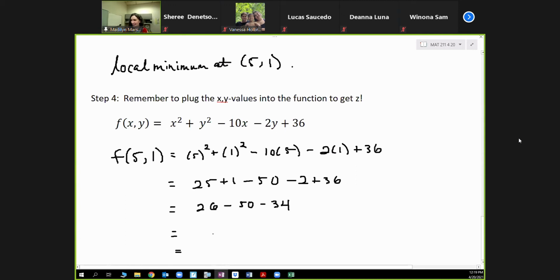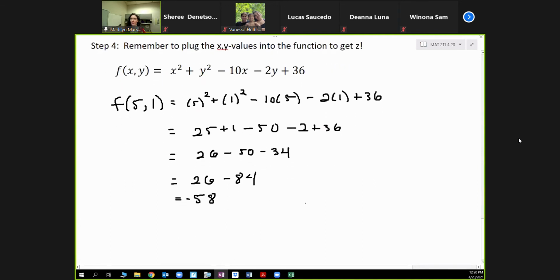Okay. I don't know why I'm committed to doing this. So we have... does this look right, or did anyone get something else?